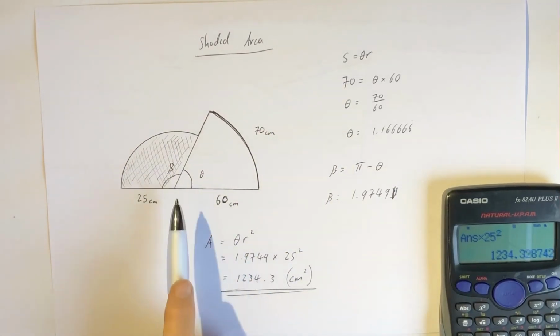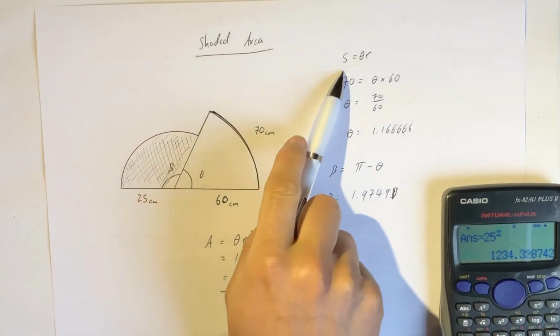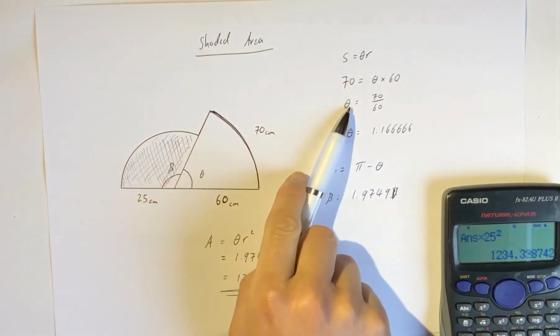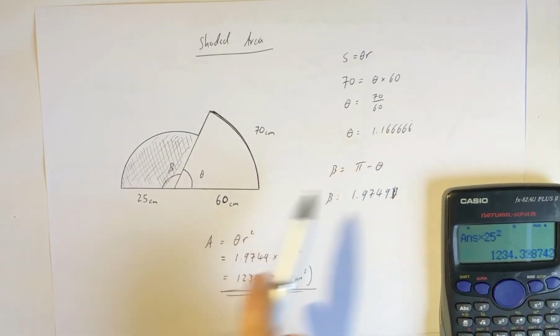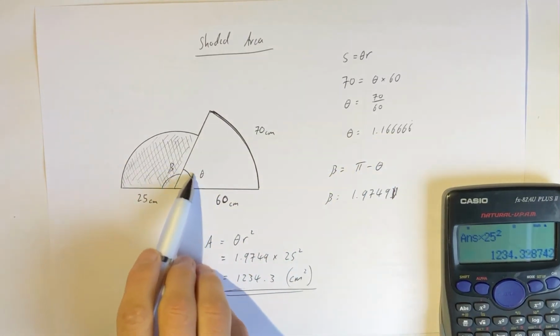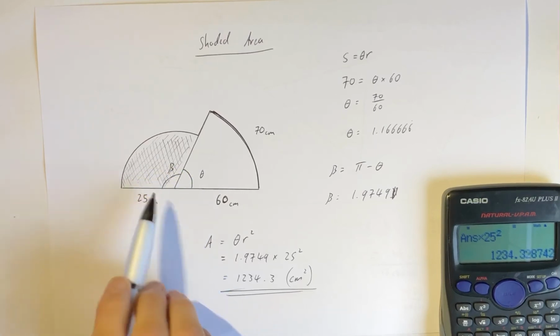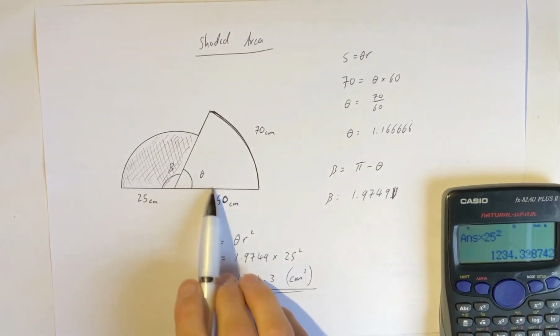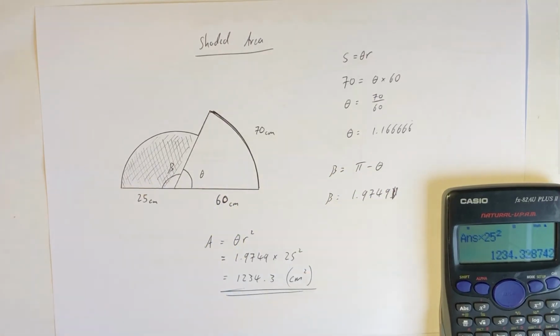The key step in there was rearranging that formula for the angle in radians, and just remembering that a half turn, 180 degrees, is pi radians. So pi minus that angle will give us that remaining angle in there, and then we can easily calculate the area of that shaded side.